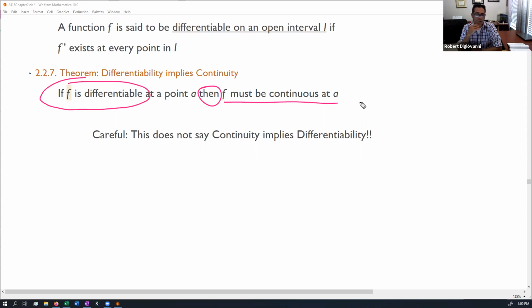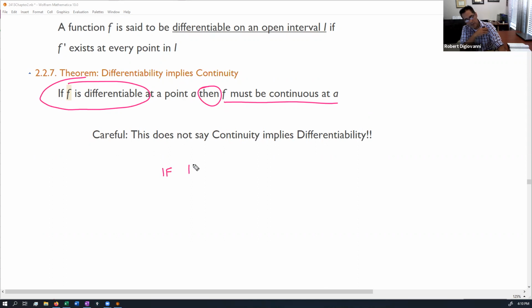I don't know if any of you have ever taken a logic course or will have to at some point. When you look at a theorem like this, the order of things matters. This is saying if your function is differentiable, then it must be continuous. It is not saying if you're continuous, you must be differentiable. I'll give you an example.